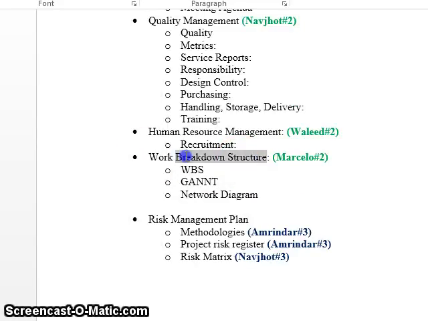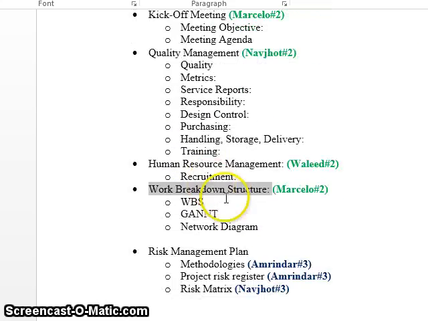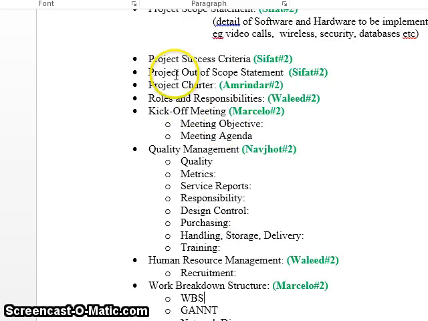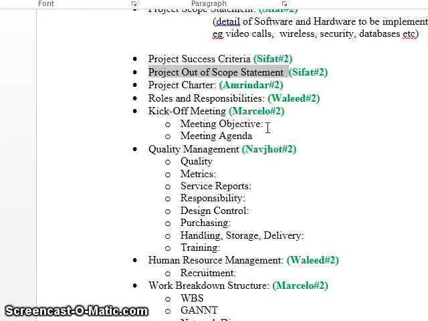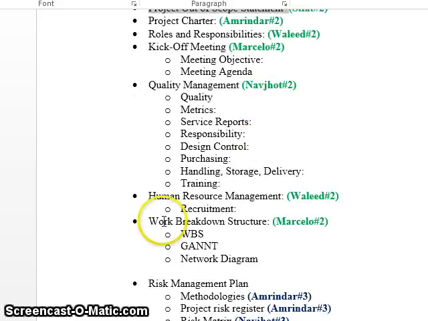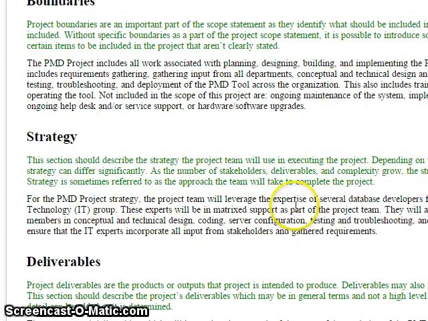Here, in the scope statement, I write what we want to implement, and strategy is how we plan to implement. Basically, that's strategy. I think it involves time, I guess.